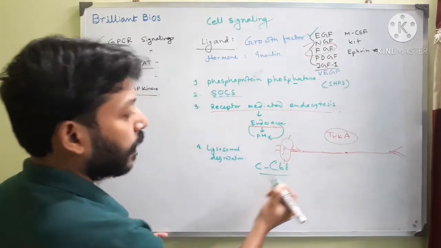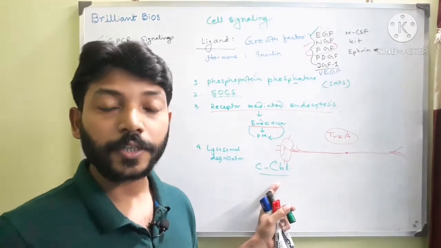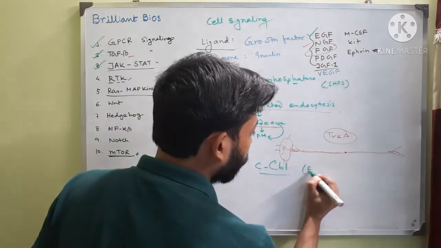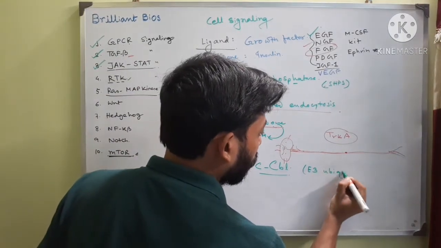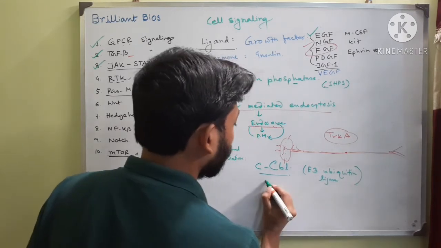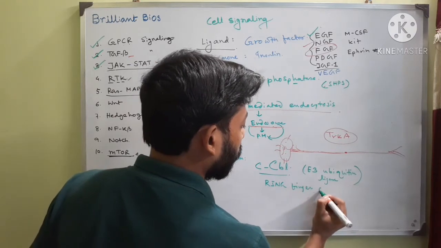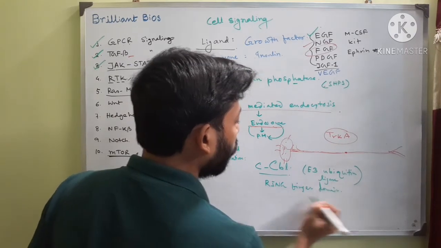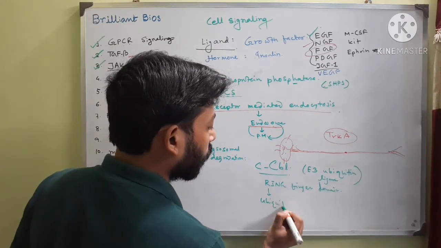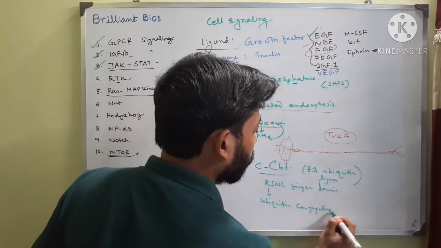This E3 ubiquitin ligase recruits a ubiquitin conjugating enzyme, because it has a particular region called the RING finger domain. This RING finger domain can recruit the ubiquitin conjugating enzyme.